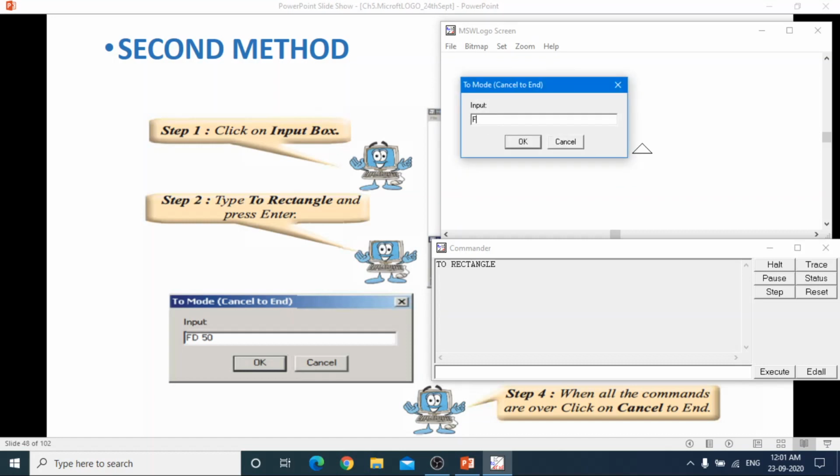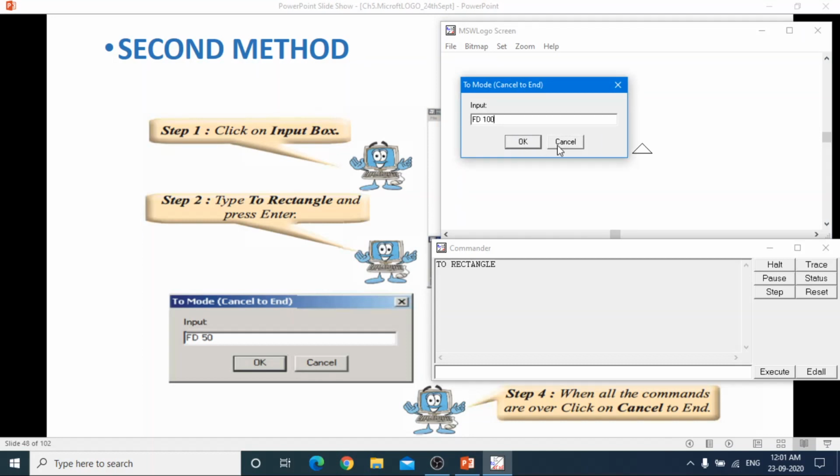Now write FD 100, then RT 90, again FD 200, RT 90, and then FD 100.